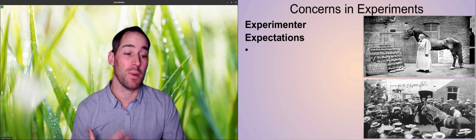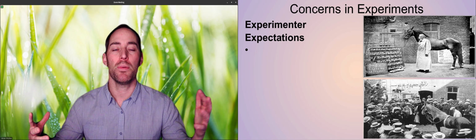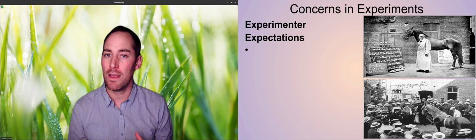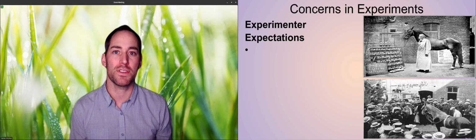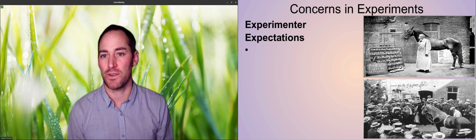We already talked about the example of Clever Hans the horse. The experimenters, the people around Clever Hans, are expecting the horse to get it right or wrong, and so their behavior is changing as the horse gets closer. So let's say I did an experiment in a high school classroom.